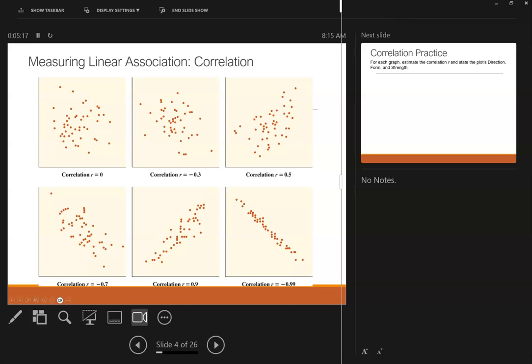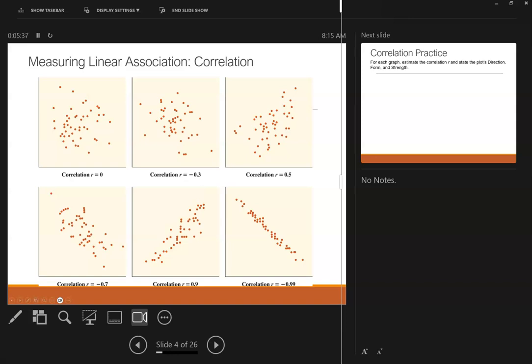This is -0.7. I think that here we're starting to see, okay, that looks like a big fat line. And I compared that to this one at positive 0.9. That doesn't look much thinner than this one, does it? But it is a much better correlation.